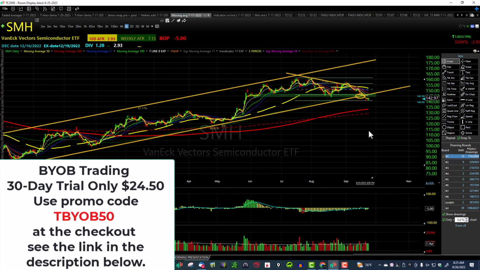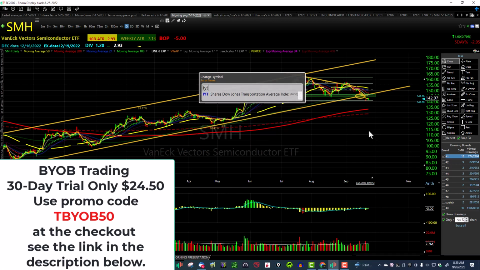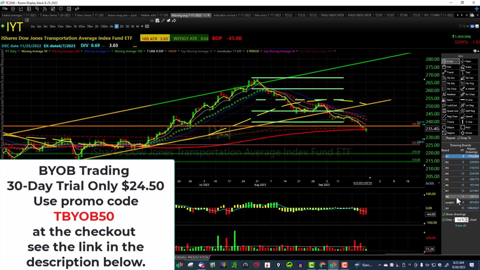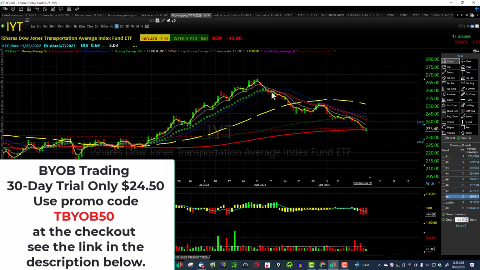There's the techs, SMH. And we'll take a look at one last one, transports. All right, so here's transports, making a lower high and a lower low. So we have a low here, lower high, and a lower low, all the way back to the 200.